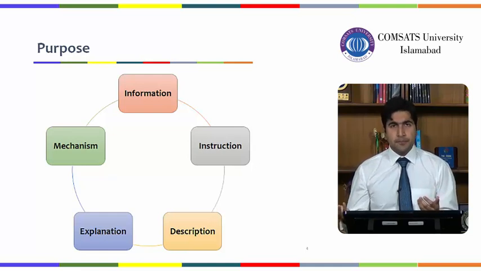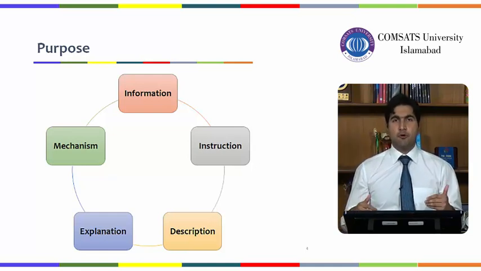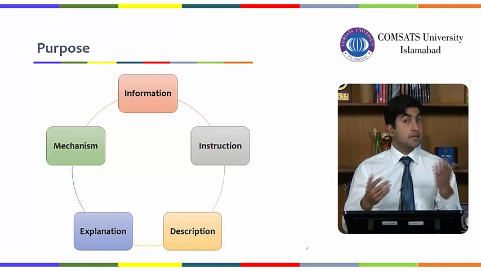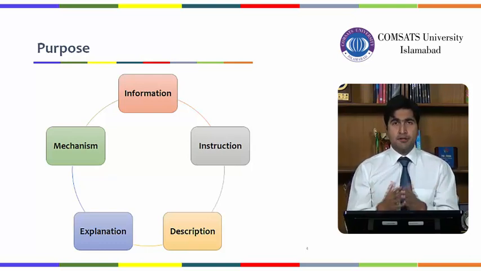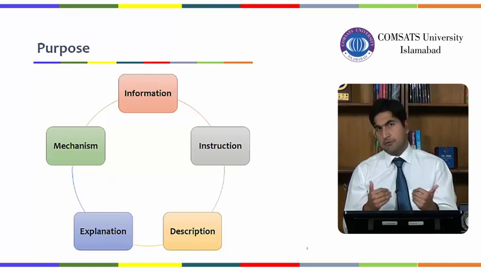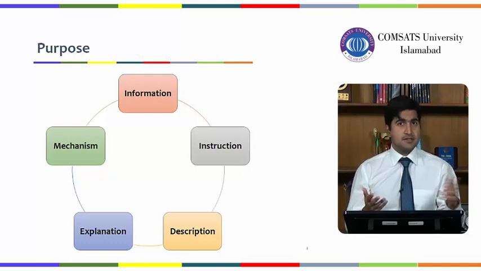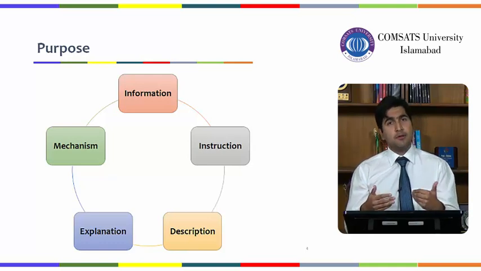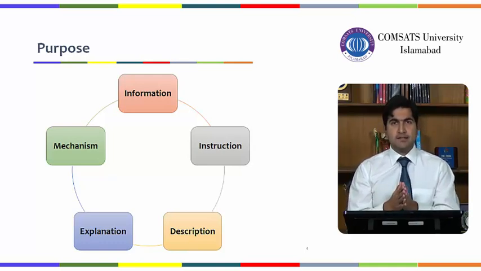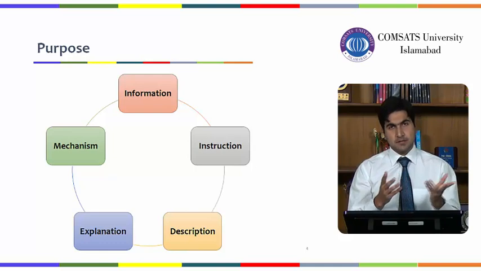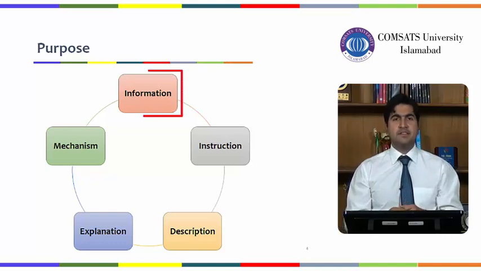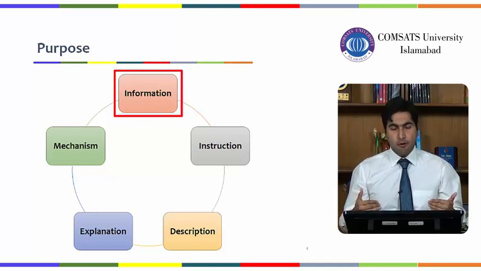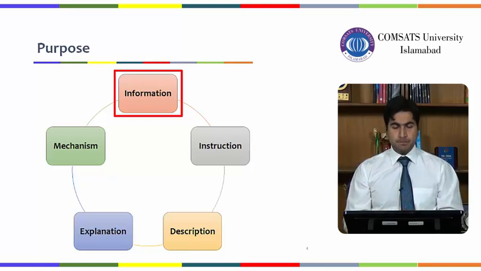There is something new, and you want to inform your audience, be it the journal, the managerial, or the technical readers. You want to share some information, as we discussed, that it discloses unknown information. It can be a case where something new has been discovered and you would like to report it, and that report will be giving some information. So one purpose is giving some information.